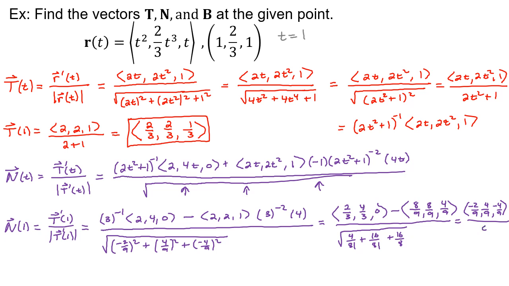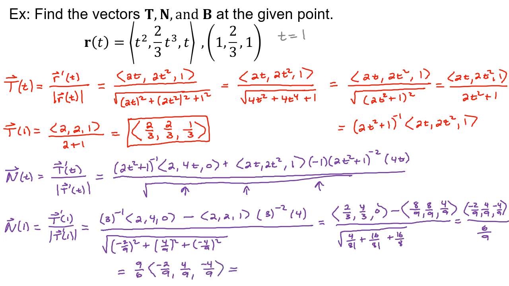The square root of 36 is 6, and the square root of 81 is 9. So I would end up with 9/6 times <-2/9, 4/9, -4/9>.